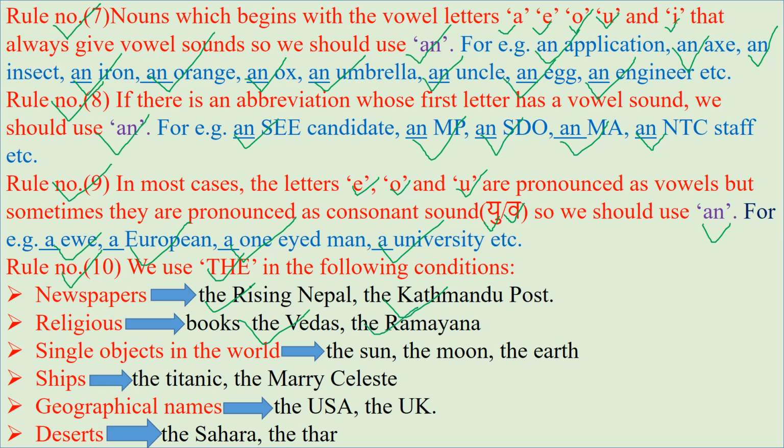For single objects in the world: the sun, the moon, the earth. In front of ship names: the Titanic, the Mary Celeste. For geographical names: the USA, the UK. For desert names: the Sahara, the Thar.